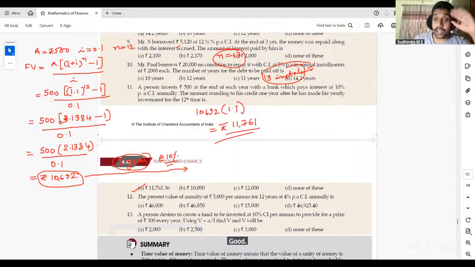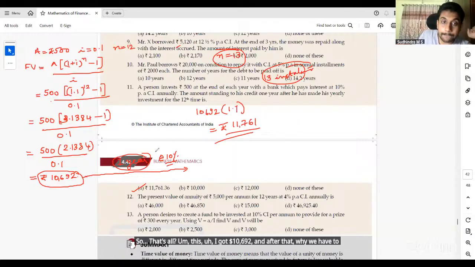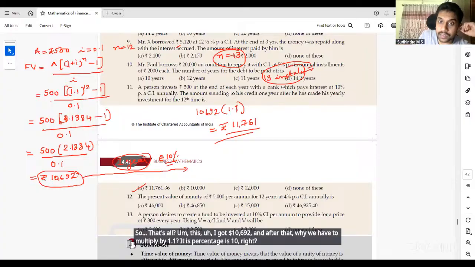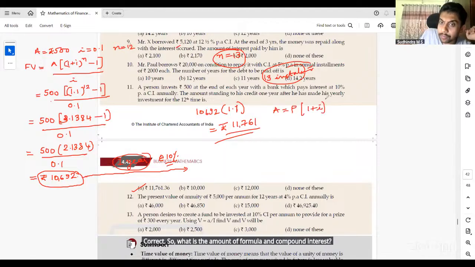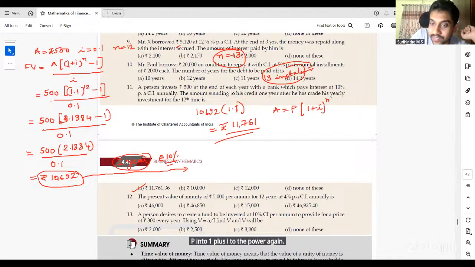I got 10,692, and after that, why do we have to multiply by 1.1? This percentage is 10, right? Correct. So what is the amount formula in compound interest? P into (1 plus i) to the power n.